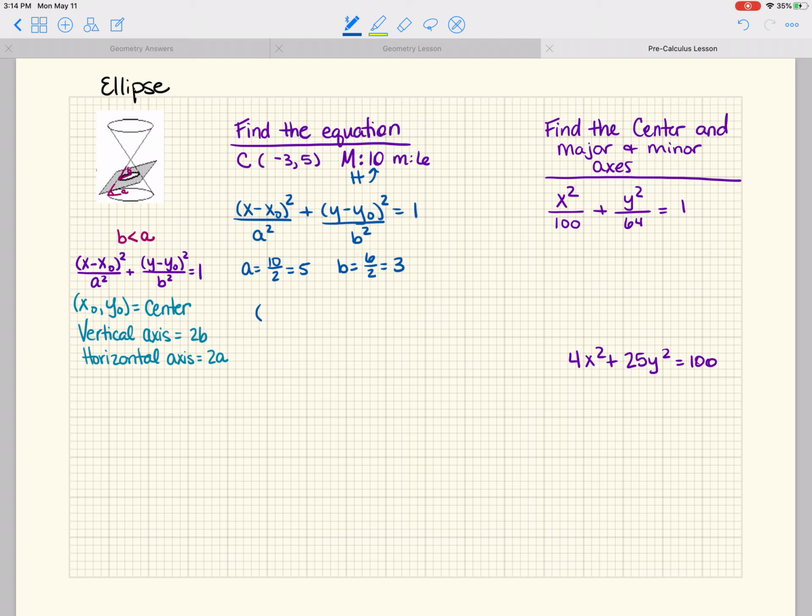So in our equation, we get x minus negative 3 squared divided by 5 squared plus y minus 5 squared divided by 3 squared equals 1. So this would be x plus 3 squared over 25 plus y minus 5 squared over 9 equals 1.